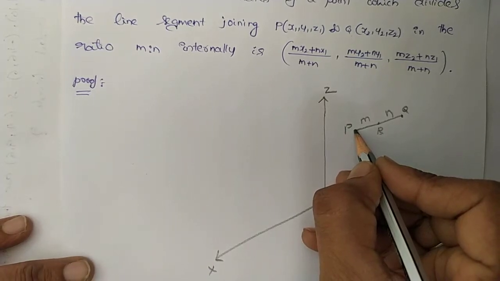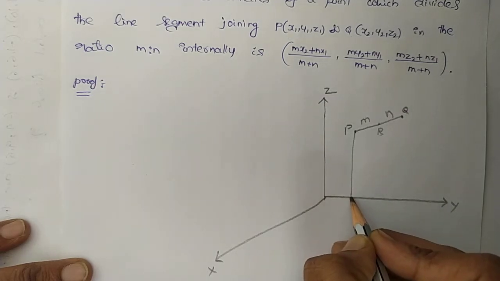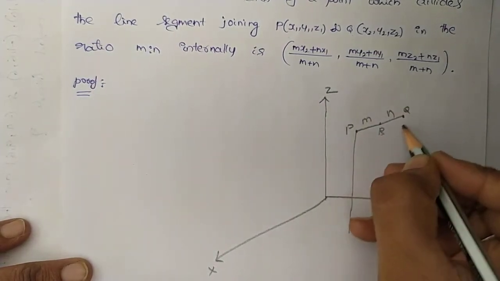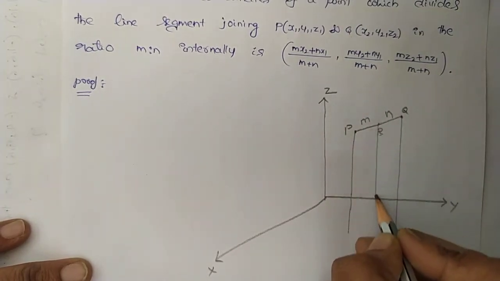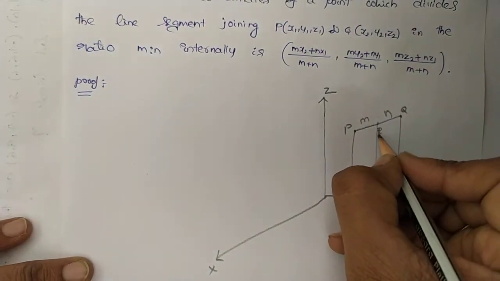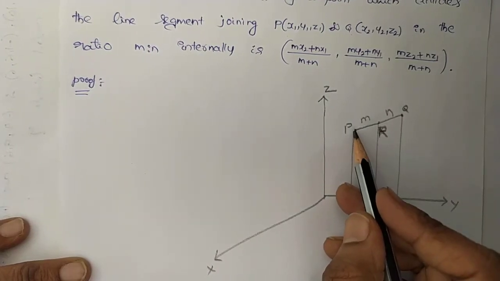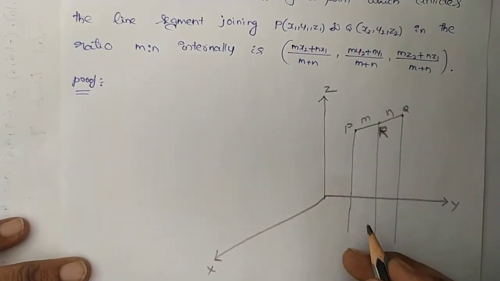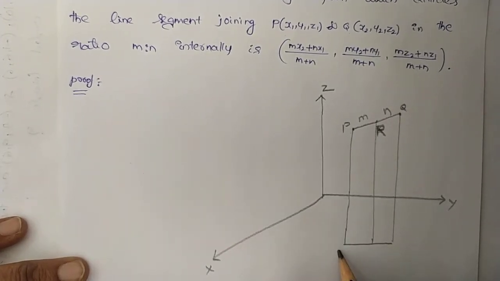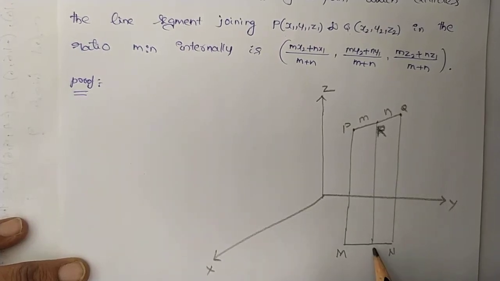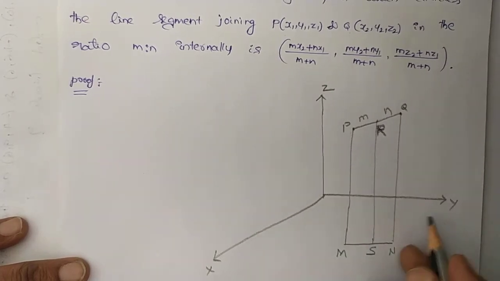Then draw the perpendiculars from P, Q and R, which meet at the points M, N and S in the XY plane.